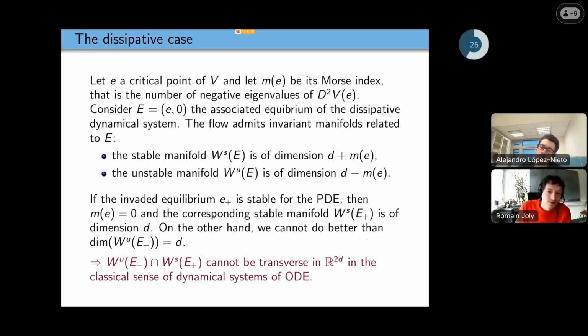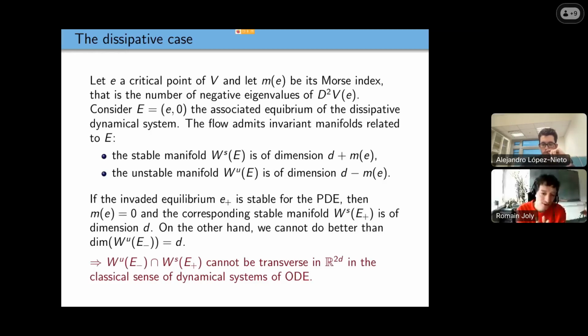I will not detail too much here, but if you look again at the question of dimension, you will see that it is not possible to get transversality of the stable manifold of some equilibria and the stable manifold of anything. So you cannot hope to have transversality in your ODE.